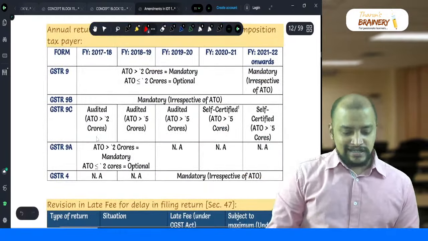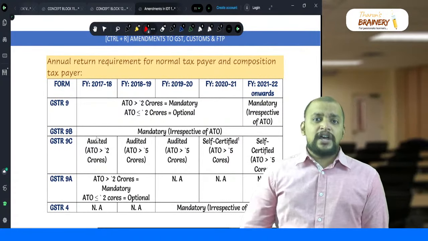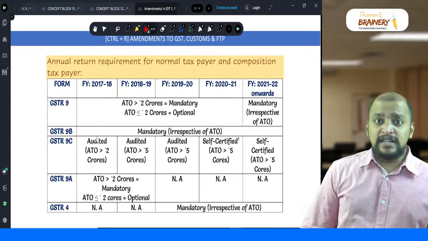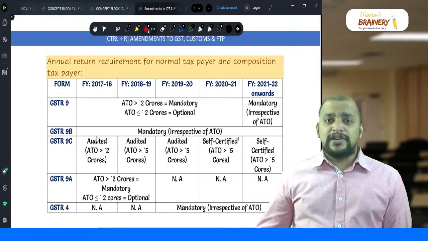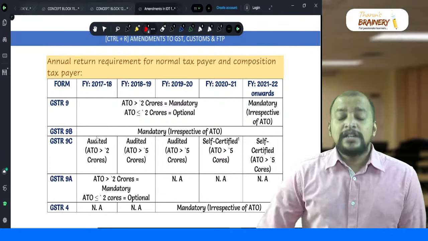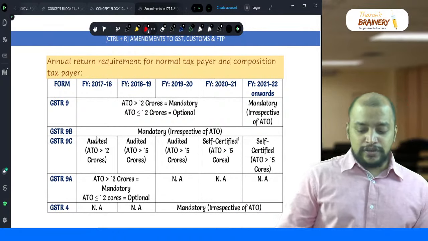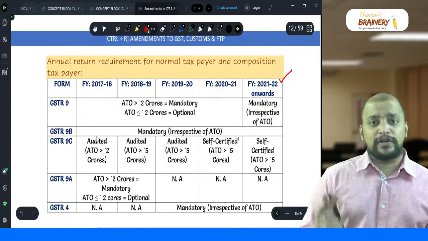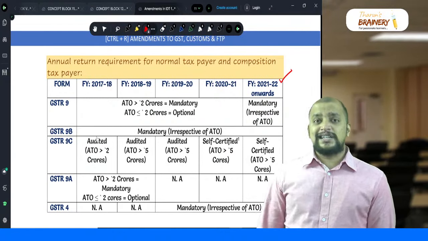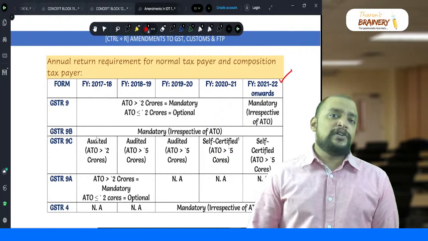Okay, that is this. And then annual return is now required to be filed by every registered person by 31st December of the succeeding financial year. In this annual return we need to understand the position from financial year 2021-22 onwards. GSTR 9 is mandatory irrespective of the aggregate turnover; that's the annual return.